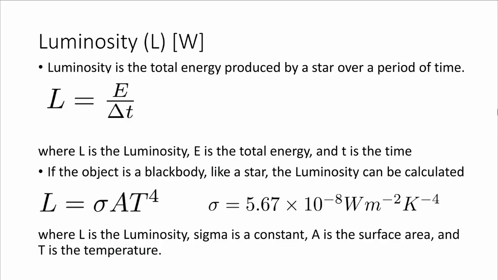And then A is the surface area of the star. So we're going to assume stars are spheres. And so the surface area is 4 pi r squared. And then temperature will be put in Kelvin. And so just by knowing the size and temperature, you can calculate the energy output per time that the star is going to be putting out into space.